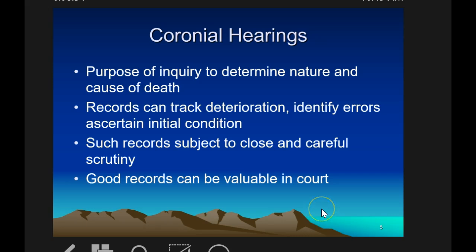Also from the legal perspective, and we look at this in a little bit more depth in the next module, is in coronial hearings. Now, in coronial hearings, the purpose of the investigation is to determine the nature and cause of death.